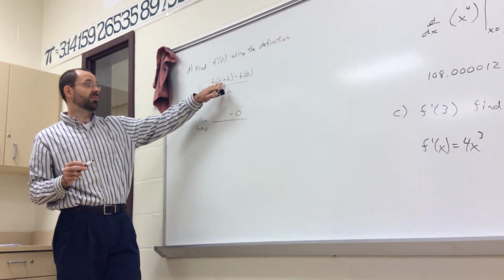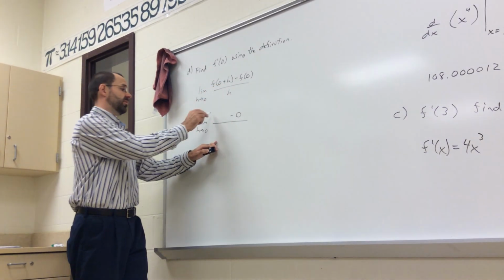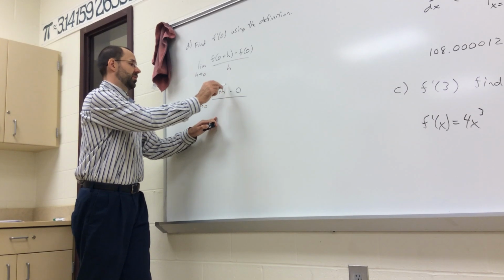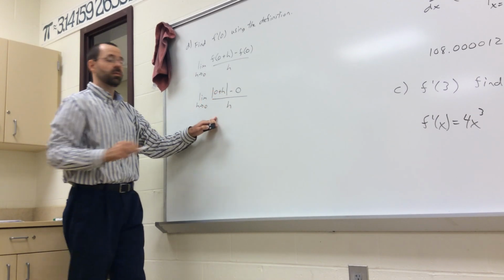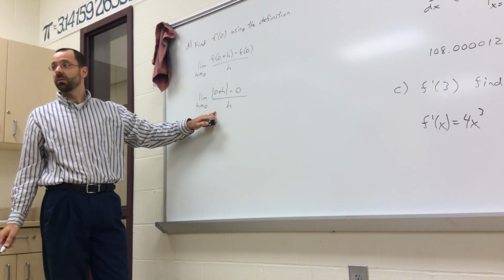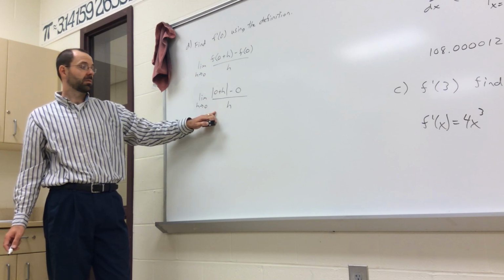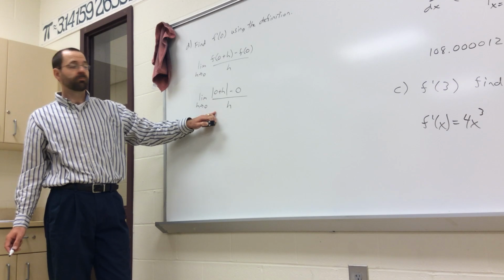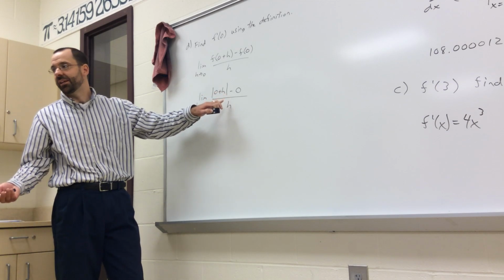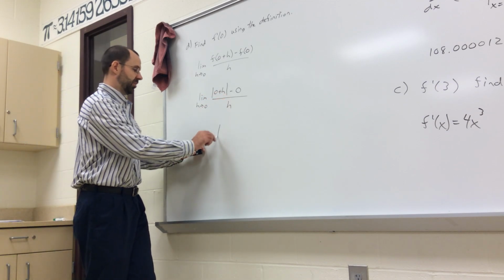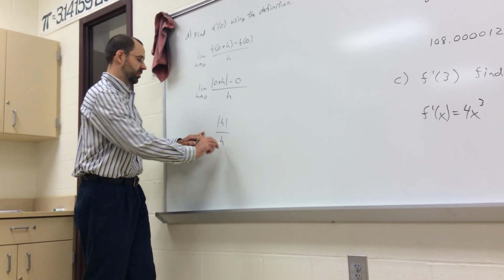And then f of 0 plus h means take the absolute value of 0 plus h. Okay, so 0 plus h is just h. So that's the absolute value of h over h.